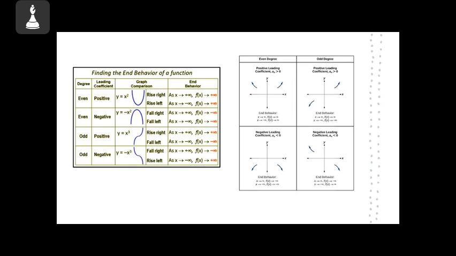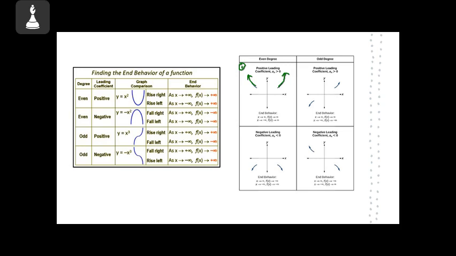It's going to open like this. It's going to be up on the end, up on the end. That corresponds to this first one here. We don't know what happens in the middle, but in the end, it's going up this way. So as I go to negative infinity on the x, my graph goes to positive infinity. As I go to positive infinity on the x, my graph goes to positive infinity.